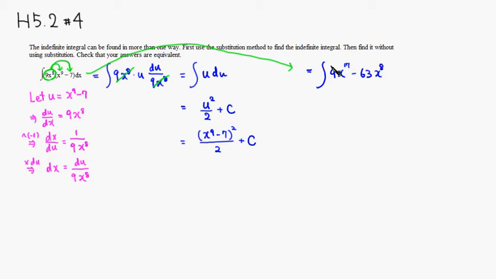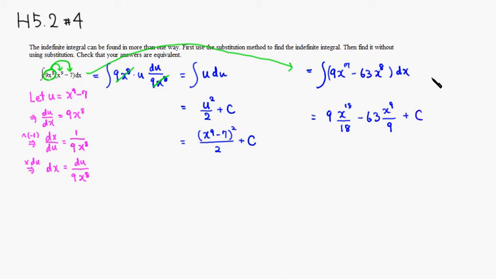And then we need to find the antiderivative of that, right? So the antiderivative would be, 9 stays here, then you have x to the 18th power, then divide by 18, right, minus 63, right, and then x to the 9th power over 9 plus some constant c.